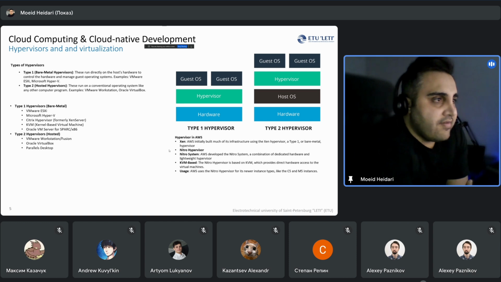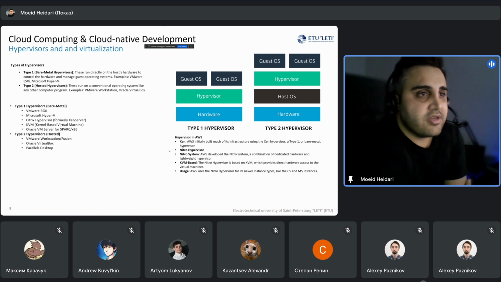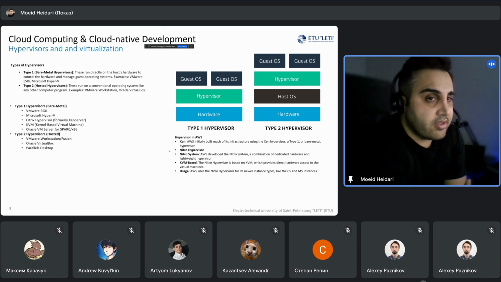So now they have Nitro, which is this AWS developed system, and it's a kind of combination of dedicated hardware and lightweight hypervisors. Actually, it's KVM based. It means it's using the Linux kernel for the hypervisor.